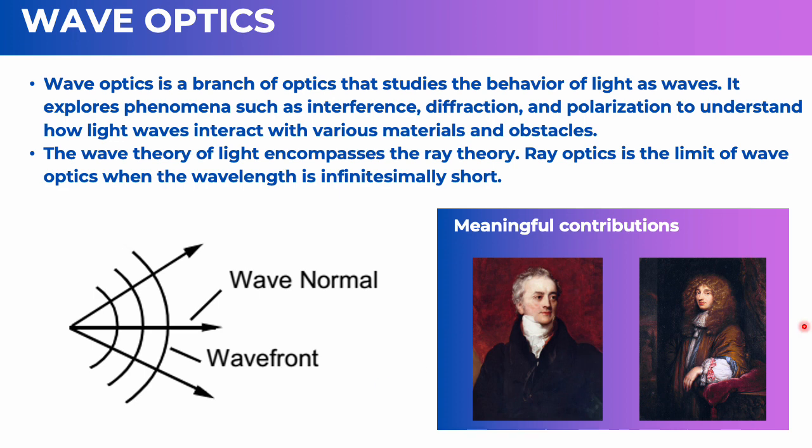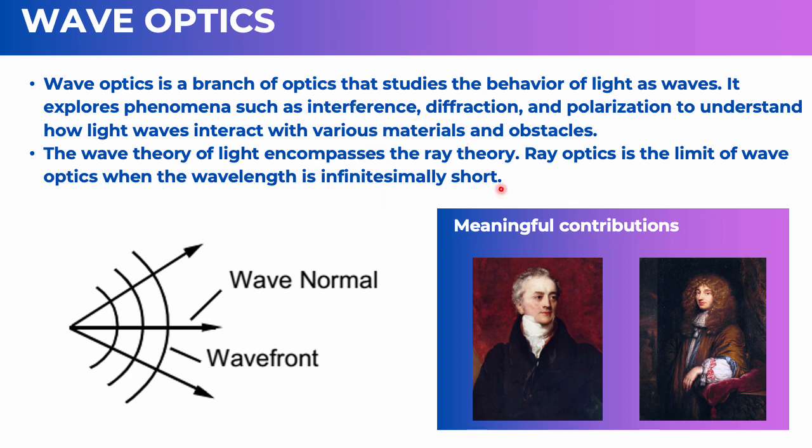So Huygens' theory was one of the initial frameworks that helped establish the roots of wave optics. And then in the 19th century, Thomas Young conducted the famous double slit experiment, which provided conclusive evidence for the wave theory. In his experiment, he demonstrated interference patterns that were produced by light waves passing through two closely spaced slits, which confirmed the wave nature of light.